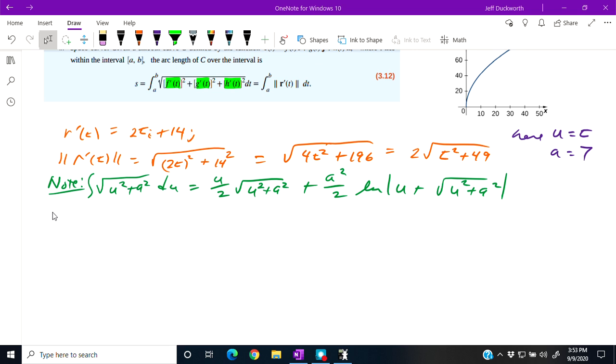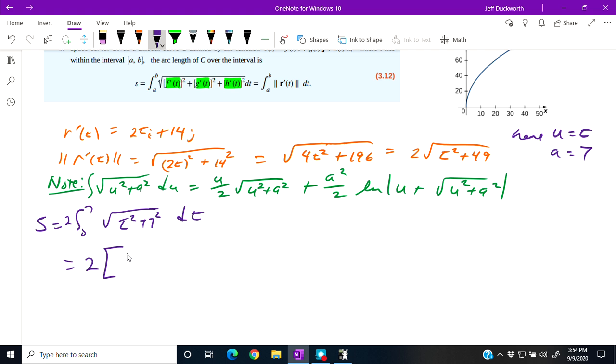All right. So our arc length is equal to this integral. We've got that 2, so we can just pop that 2 out. This is what we're looking for. And we're going to leave the 2 out front, and we're going to just use the formula above.